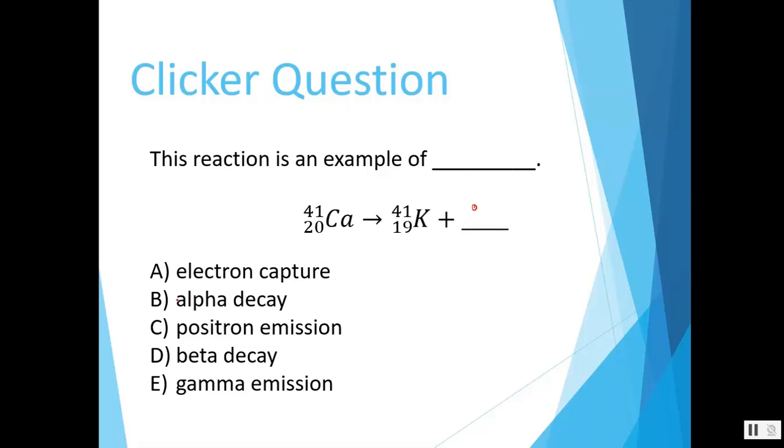So we're not going to have alpha decay. Our number of protons, our atomic number, goes down by 1, which means that here we have to have plus 1 for the charge of our subatomic particle that's emitted. So this then would be an example of positron emission. We would have 1 plus 19 gives us 20, 41 plus 0 gives us 41.